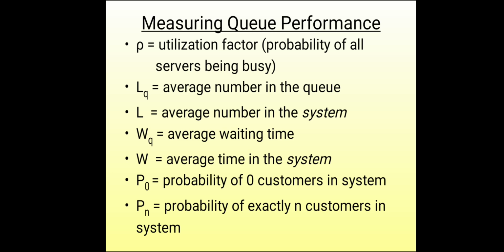LQ is the average number in the queue, L is the average number in the system, WQ is the average waiting time, and W is the average time in the system. P0 is the probability of 0 customers in the system, Pn is the probability of exactly n customers in the system.